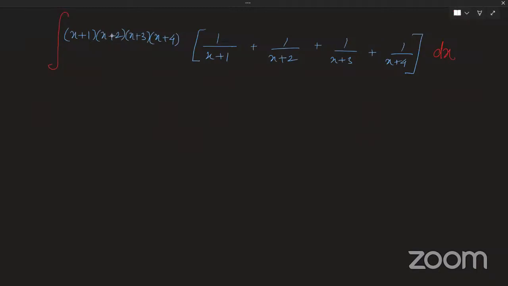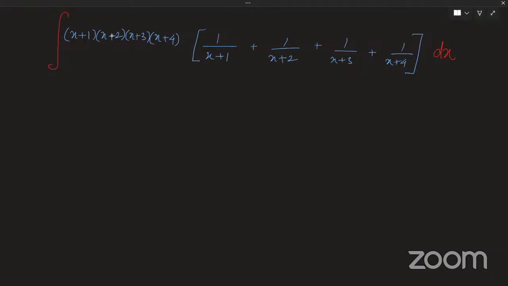Does anyone know what integration is? Summation is the physical interpretation, but in functional sense, what does it mean?